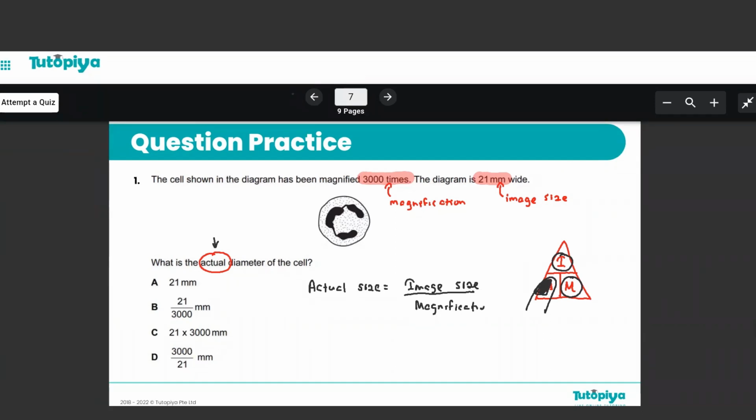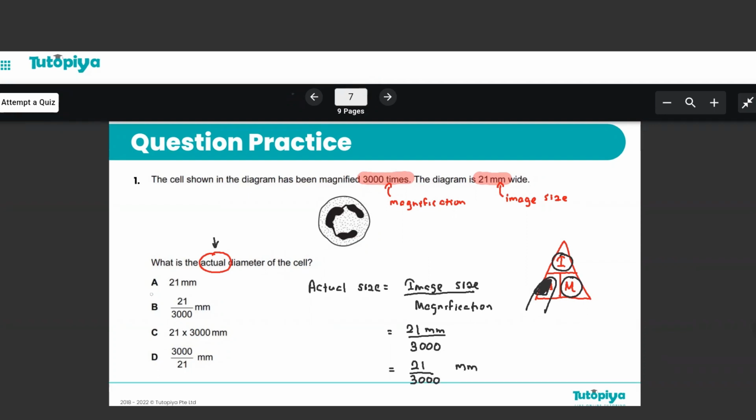All right, so now I put in the values given in the question. Image size is given as 21 millimeters, so I'm going to put that up here. And magnification is given as 3,000 times, so I'm going to put that down here. That gives us the actual size of 21 over 3,000 millimeters.